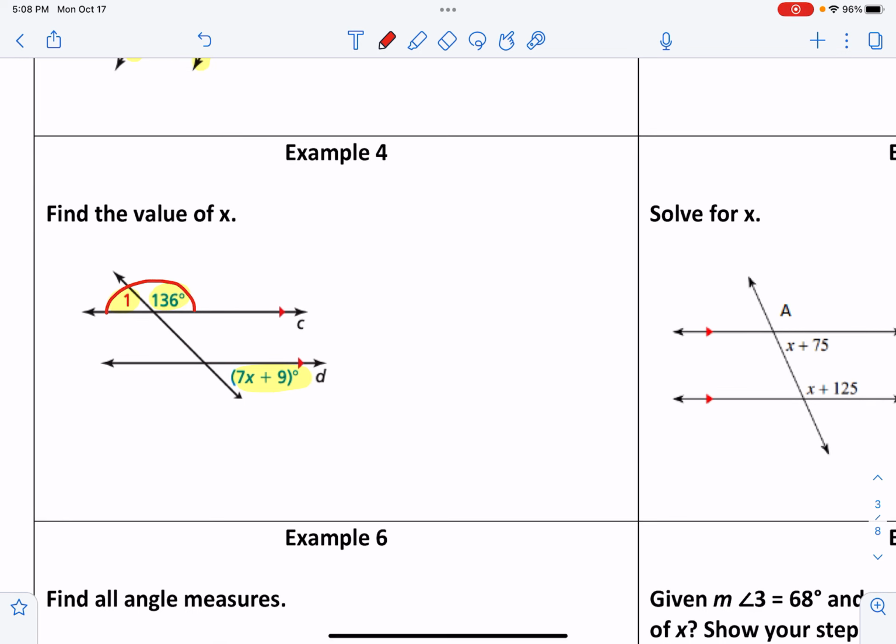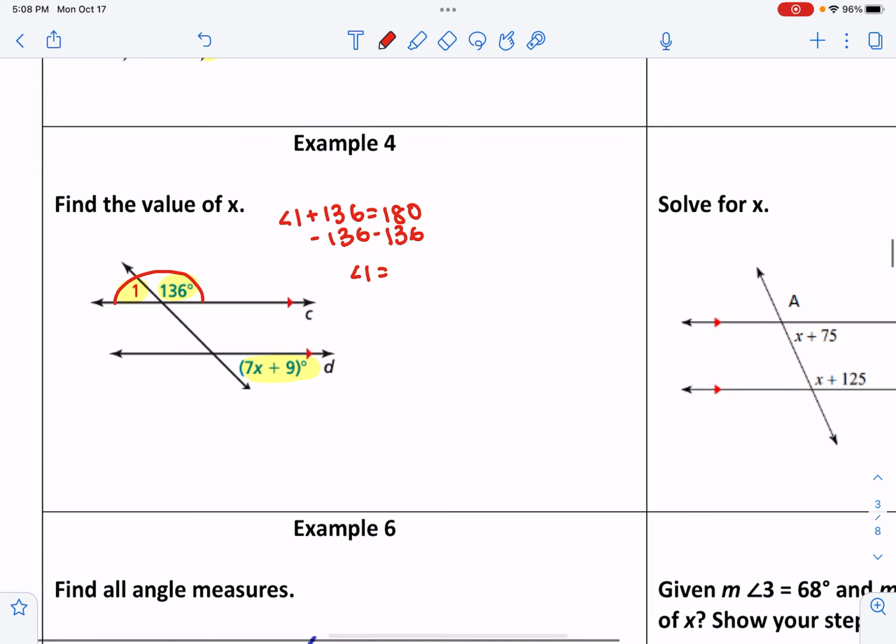So in order to find angle 1, I know angle 1 and 136 add up to 180, so I can subtract off 136. So angle 1 equals 44 degrees. So let's go back and plug that in. So I know that angle 1 is 44 degrees because those are a linear pair, 1 and 136.